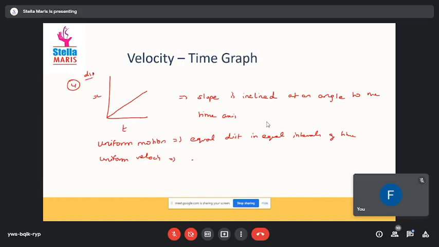Same thing only, no? Equal displacement in equal intervals of time. Am I right or not? Yes, sir. Okay. So we can say the object is moving with uniform velocity, no? In this graph, the x-t graph, or not?